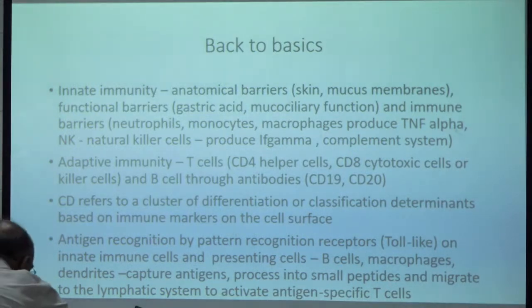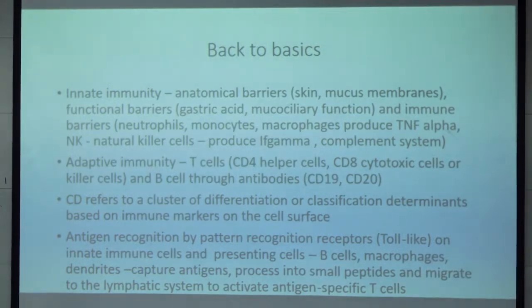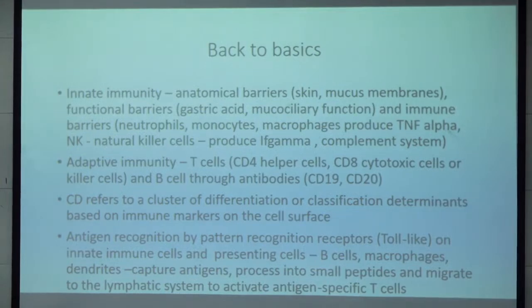For example, antigen recognition is done by pattern recognition receptors. There are multiples of them. In rheumatology, the clinicians talk about pattern recognition: how is the patient presenting, in what kind of pattern? And that gives you a probable clinical diagnosis.